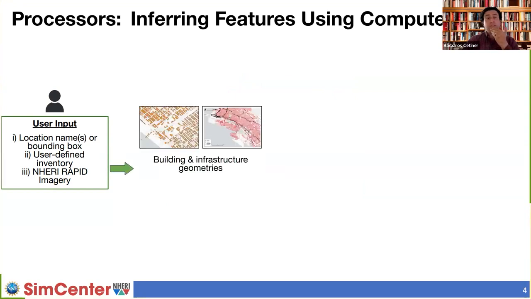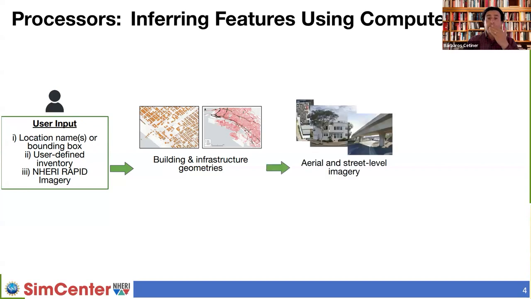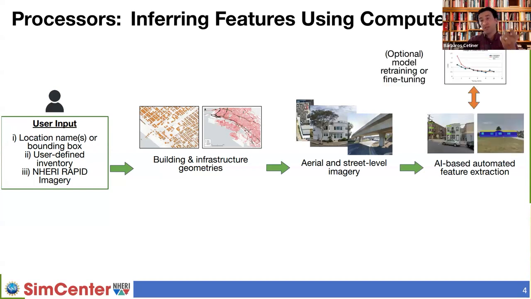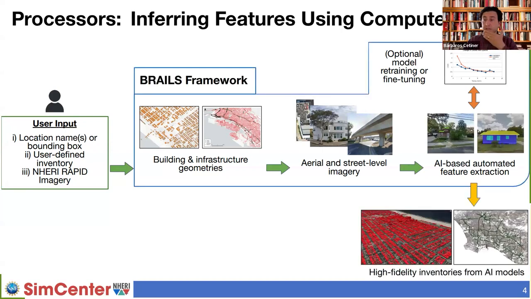What Braille's does is it basically automatically extracts the geometric features of the built environment within that defined region, and automatically gets the imagery for that region and runs them through a number of computer vision models that can be fine-tuned if necessary, but a lot of these models are now at a point where we've actually trained them on a vast majority of the United States.